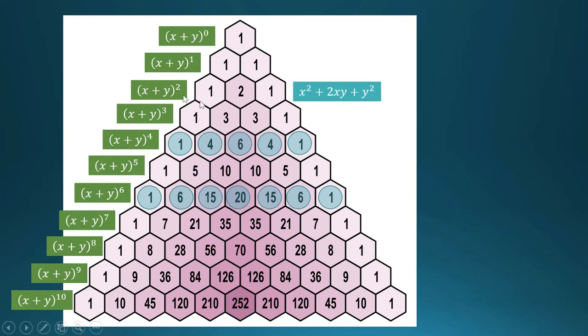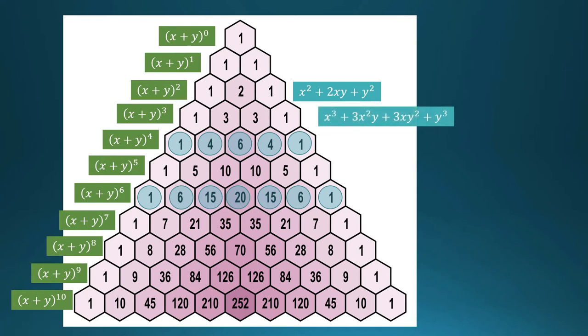So let us interpret the meaning of each of these numbers. For x plus y raised to 2, these numbers are the numerical coefficients of the terms of the expanded binomial. So, 1x squared plus 2xy plus 1y squared.